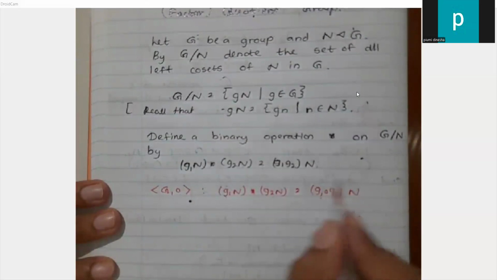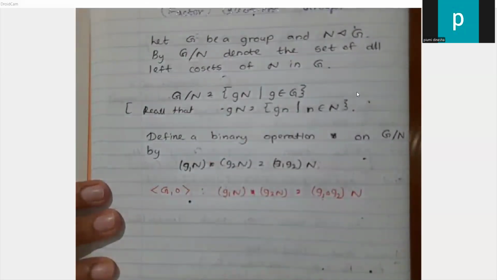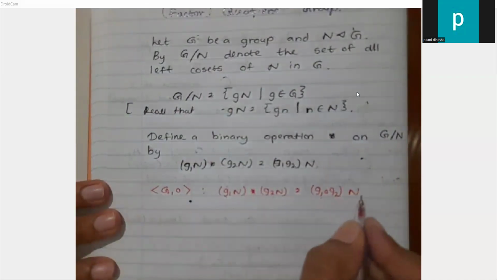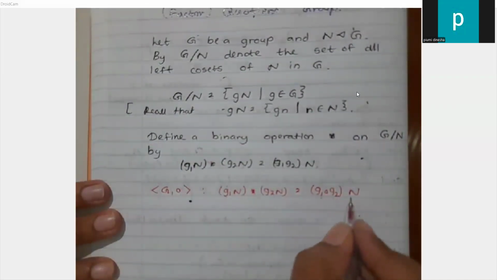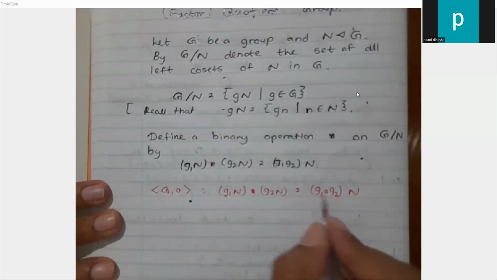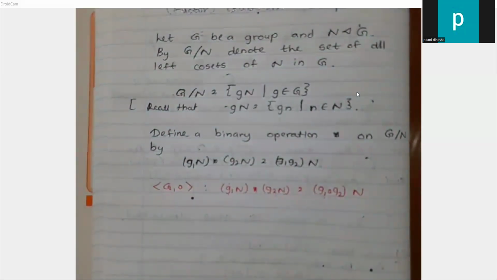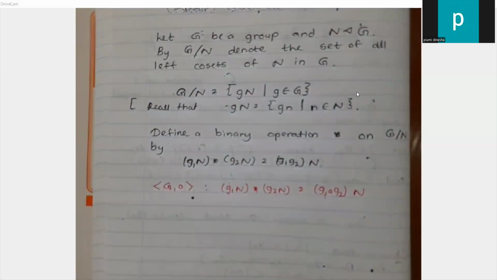This is an element in this set. Why? g1 circle g2 is an element in G, and this is the left coset of N by the element g1g2. So obviously what you get on this side is an element in this set. But we have to see that this binary operation is well defined. It's a proper binary operation defined on this set. How do we do this?